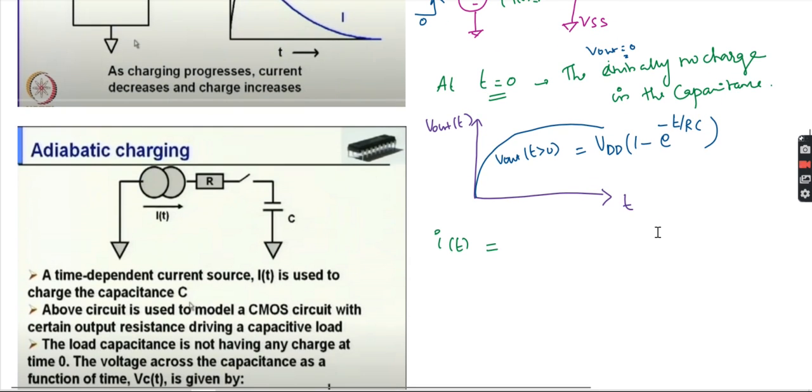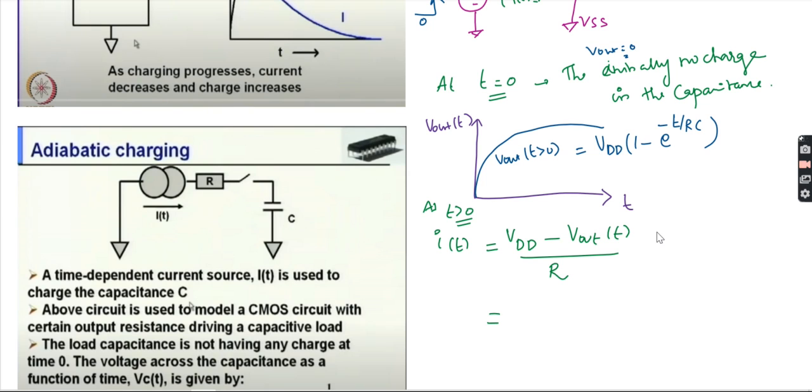So I is equal to V by R. So as we know, this is nothing but VDD minus V out of t divided by R. As already we know what your V out is, this is for t greater than 0 only, there will be some amount of current flowing actually.